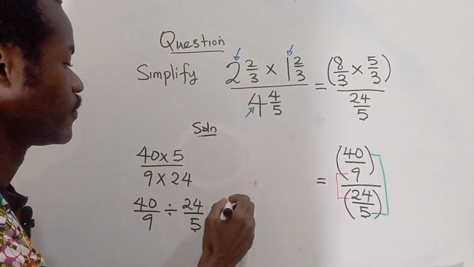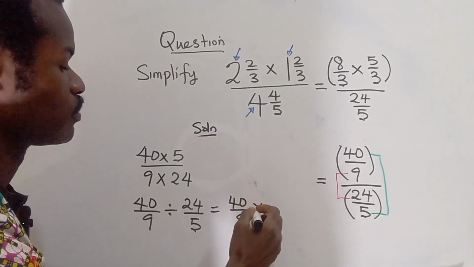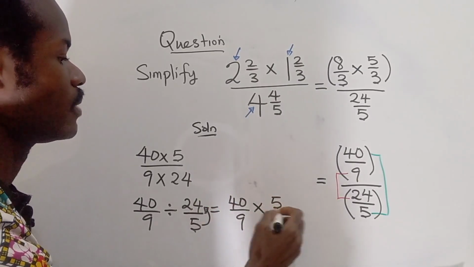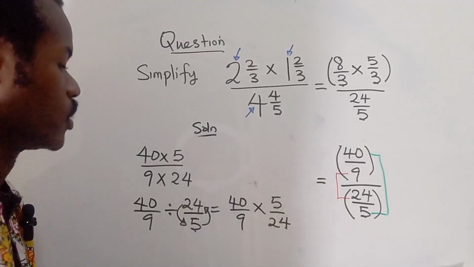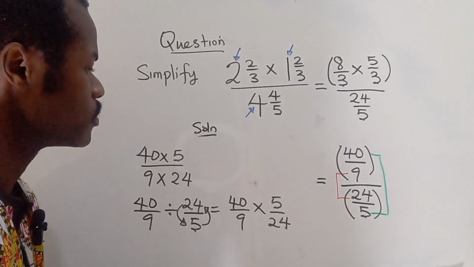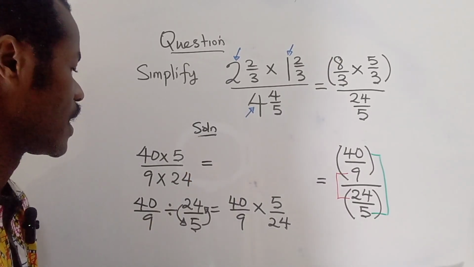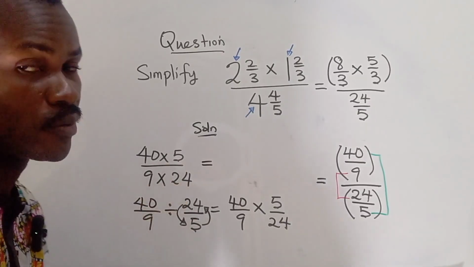So we are going to have 40 over 9, this is going to change to a multiplication, and we are going to rotate this: 5 goes up and 24 comes down. So that still brings us back to this. Now we have 40 times 5 and 9 times 24.